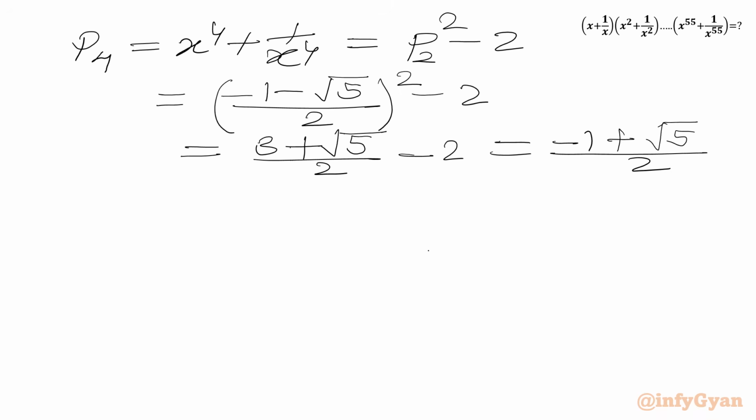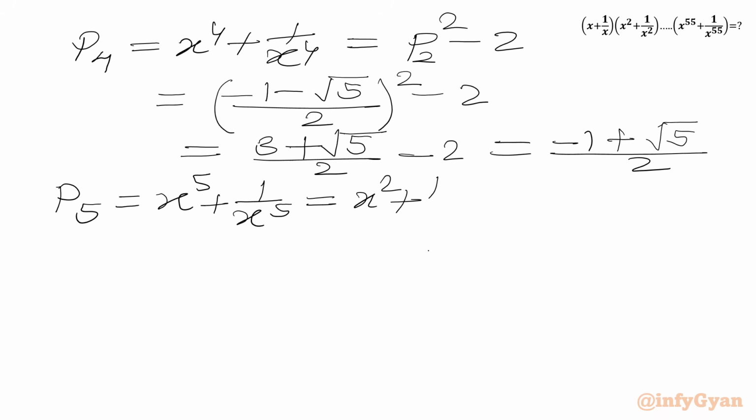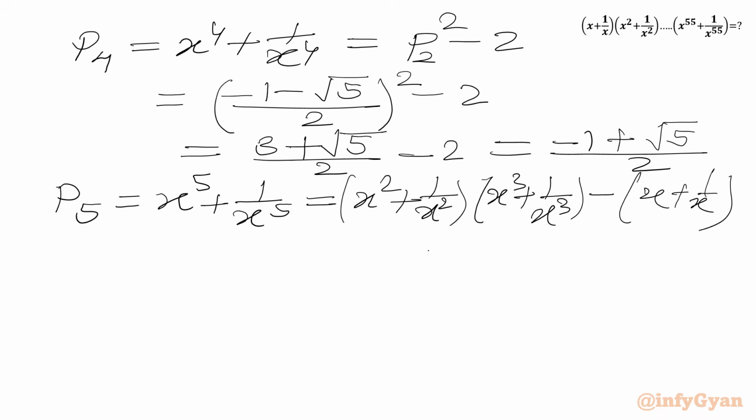Now we are going to find P5, which is x power 5 plus 1 over x power 5. It will be equal to (x square plus 1 over x square) times (x cube plus 1 over x cube) minus (x plus 1 over x).